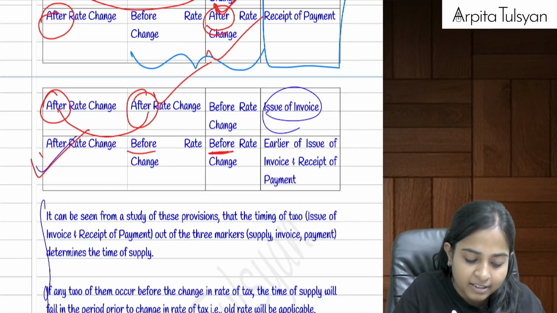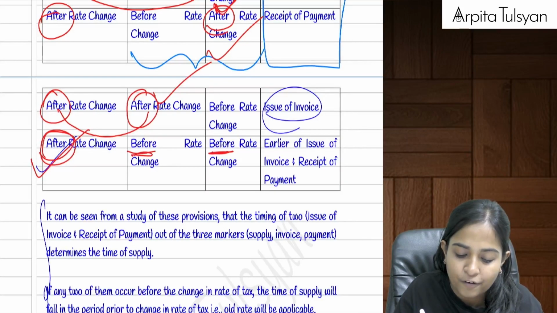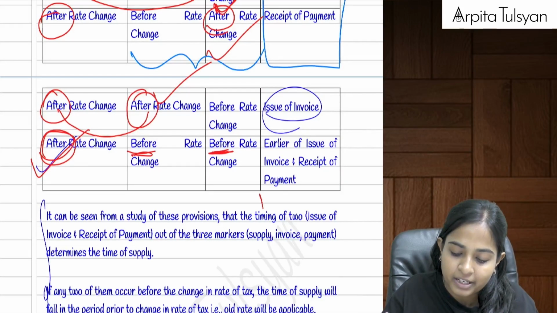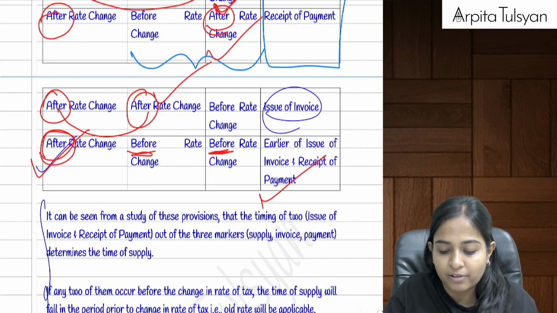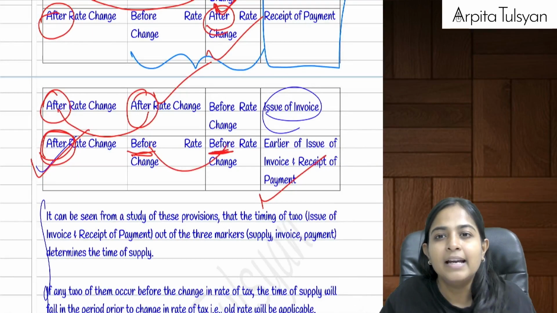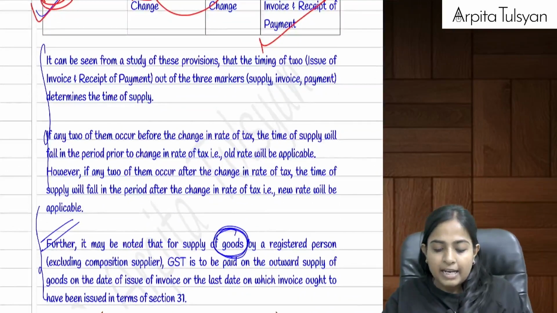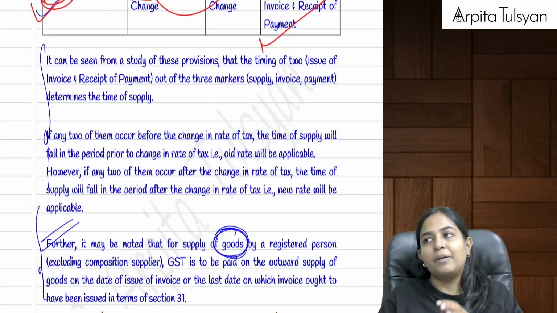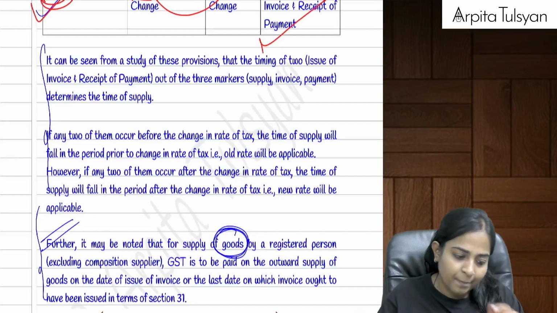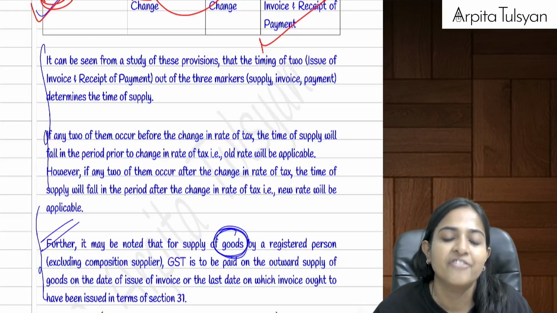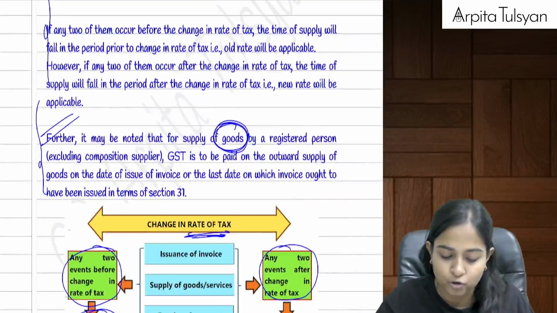So can we say this is not matching with any of these two? So out of these two, whichever is earlier, the old rate of tax will be applicable because these two are anyway earlier. Are you clear till here, everyone? Now with the help of this table, you will be able to identify the time of supply, and which rate will be applicable, and so on.